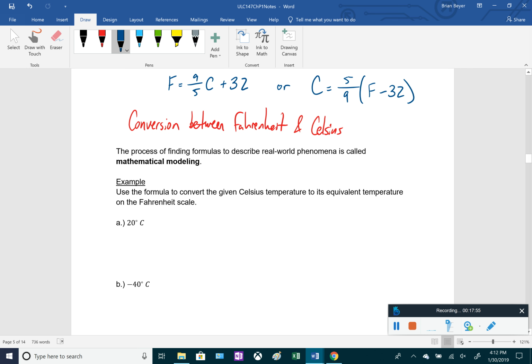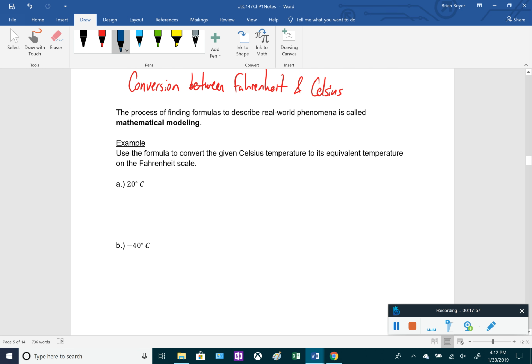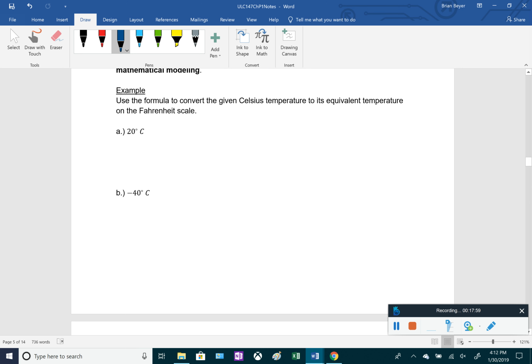So let's do a couple examples here. Let's use this formula that I just wrote down to convert the given Celsius temperatures to their equivalent temperature on the Fahrenheit scale. For the first one, what is 20 degrees Celsius in Fahrenheit? We are going to plug it in.